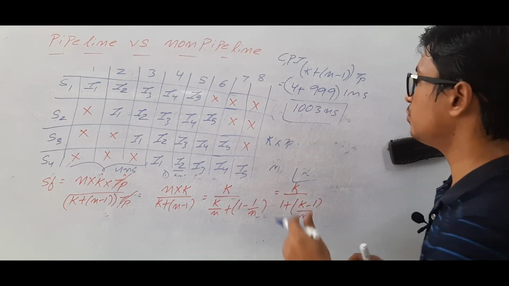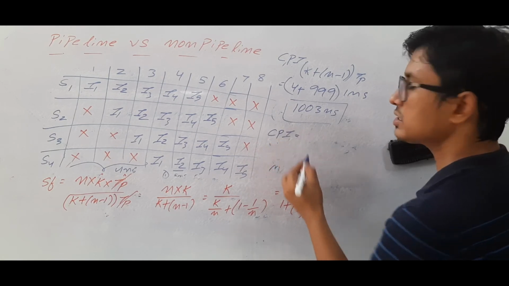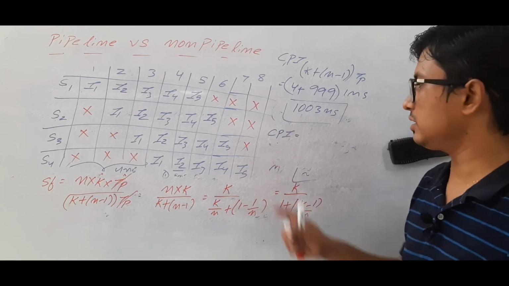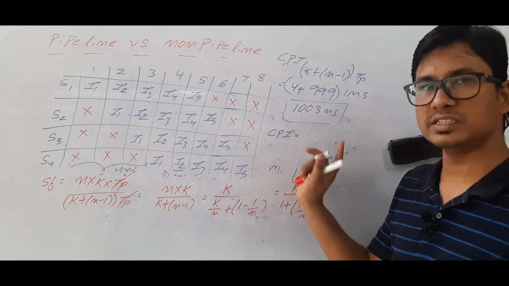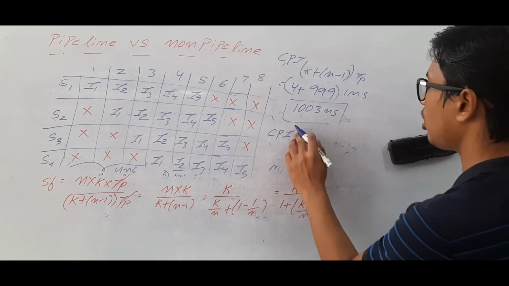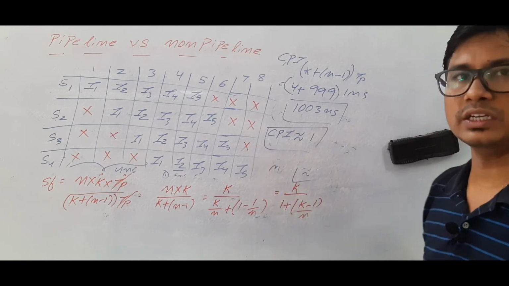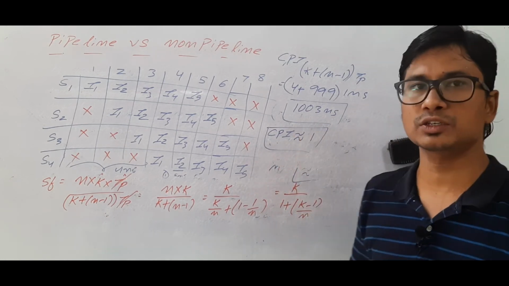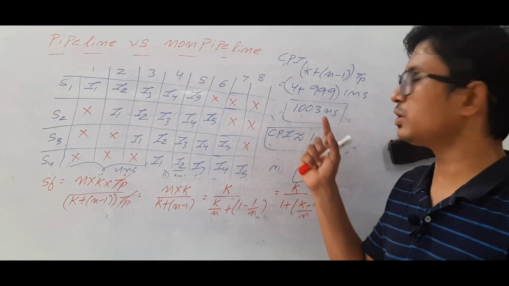Am I right? So which is almost one clock cycle per instruction. CPI, meaning clocks per instruction or cycles per instruction, is almost ideal at 1, because 1000 instructions you have been able to execute in 1003 cycles. Is it clear? Are you able to understand?